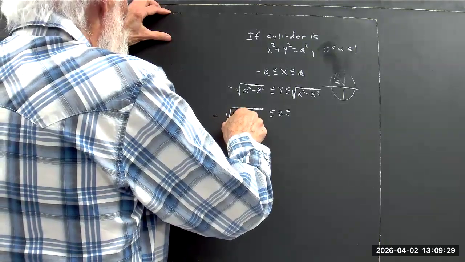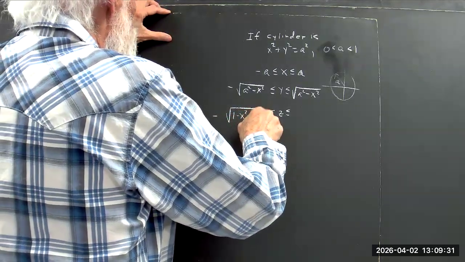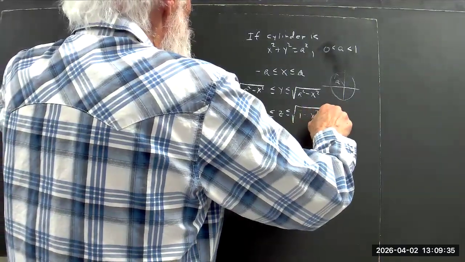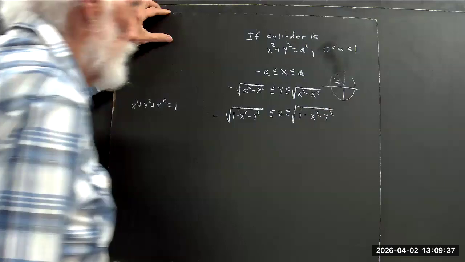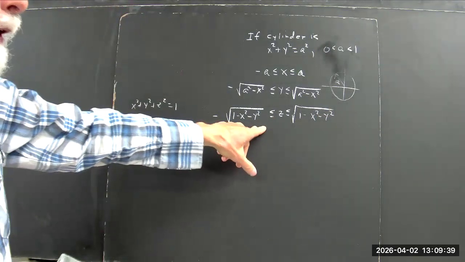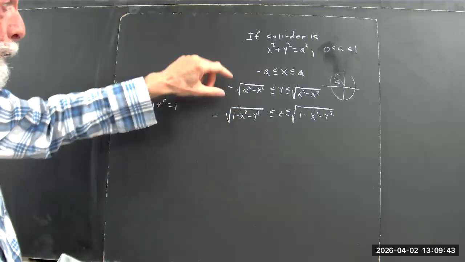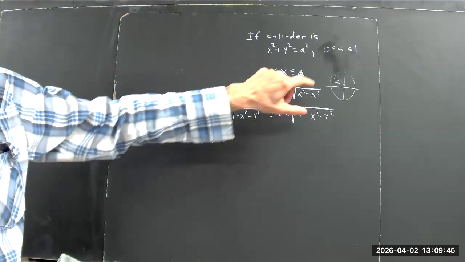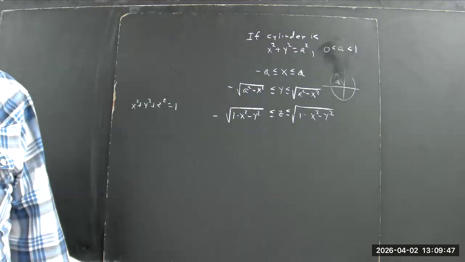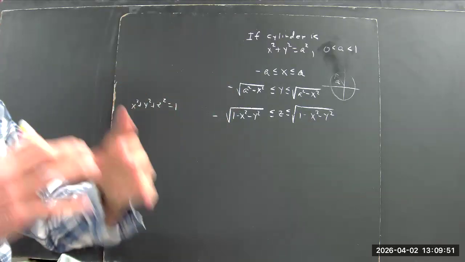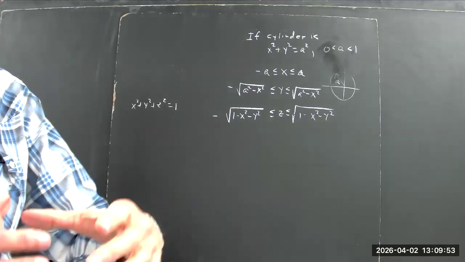You're still going to get negative the square root of 1 minus x squared minus y squared less than or equal to z, less than or equal to the square root of 1 minus x squared minus y squared. A isn't going to be involved in the limits on z because A has already limited your x and y. X and y are already limited by these inequalities to being inside that circle of radius A.